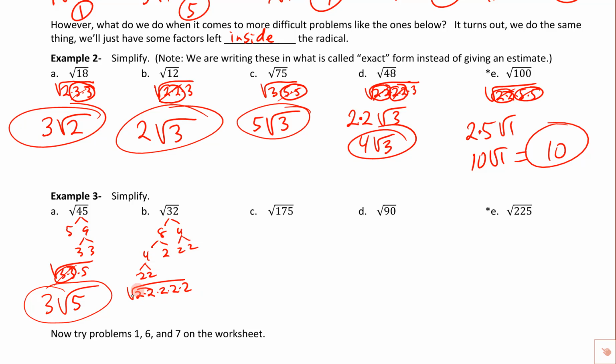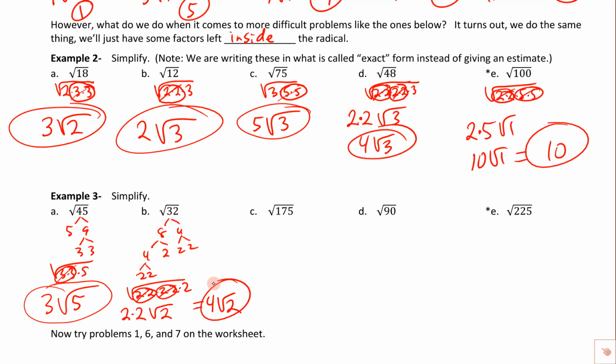So let's pair them up. Pair of 2's, pair of 2's. So there's a 2 and a 2 on the outside. One for this group and one for this group. And there's a 2 stuck underneath. Now again, think about why this is stuck. Because we took out all the other pairs, there's not something else to pair that up with. So we multiply those numbers out front together. We get the coefficient of 4 radical 2.